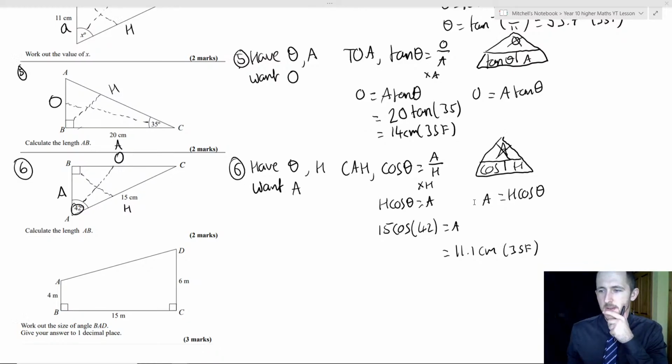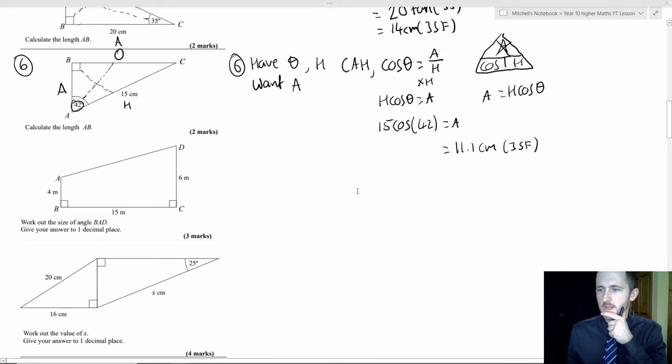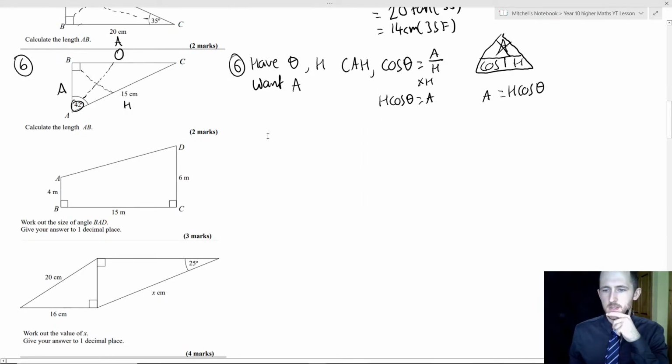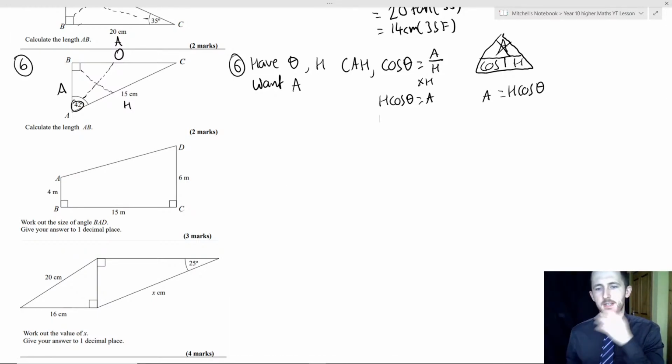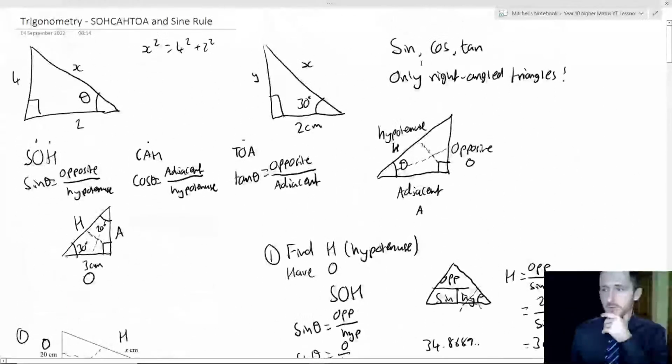Okay, so what I'm going to do is remove the last two parts of this for now, just so we can properly have a look at this question. They give us a trapezium instead of a triangle, so you might think, well, hang on a minute, I thought we could only use it for right angle triangles.